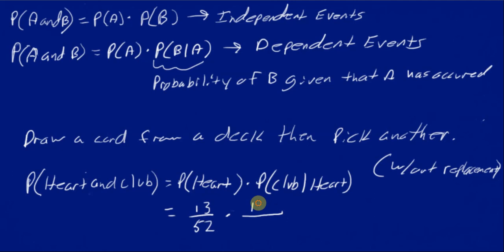There are still 13 clubs in the deck. But I don't have 52 cards, I'm down to 51 cards. So we're going to keep reducing this. This is going to be 1/4. And I believe that's all the reducing that can be done. So that's going to be 13 over 204.